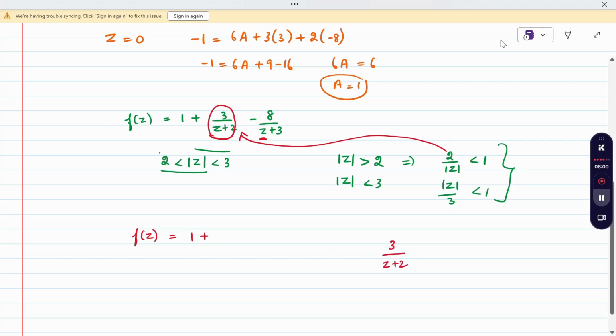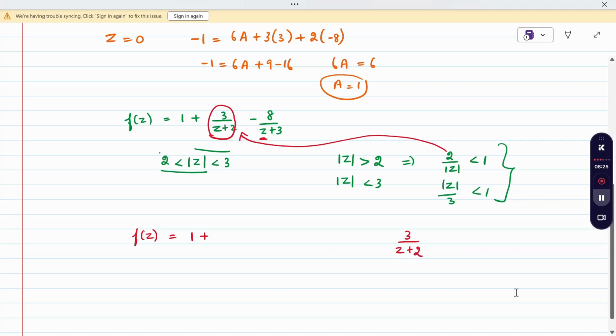I have to write 2 divided by modulus of z. So I have to write it as it is, I have to take z only outside. When I take z, it becomes 1 plus 2 divided by z. Correct? 2 I will write like this. Then only z and 2 will not seem to be the same, divided by z plus 2.